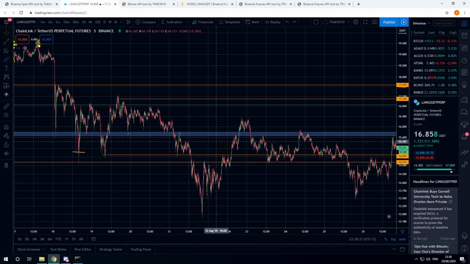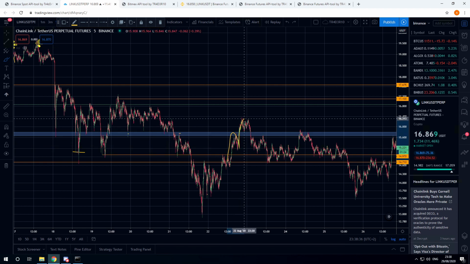And many people will call this a head and shoulders or other things. And this time they didn't break here either. This is a strong level of support, so they actually held it, at least in the beginning.